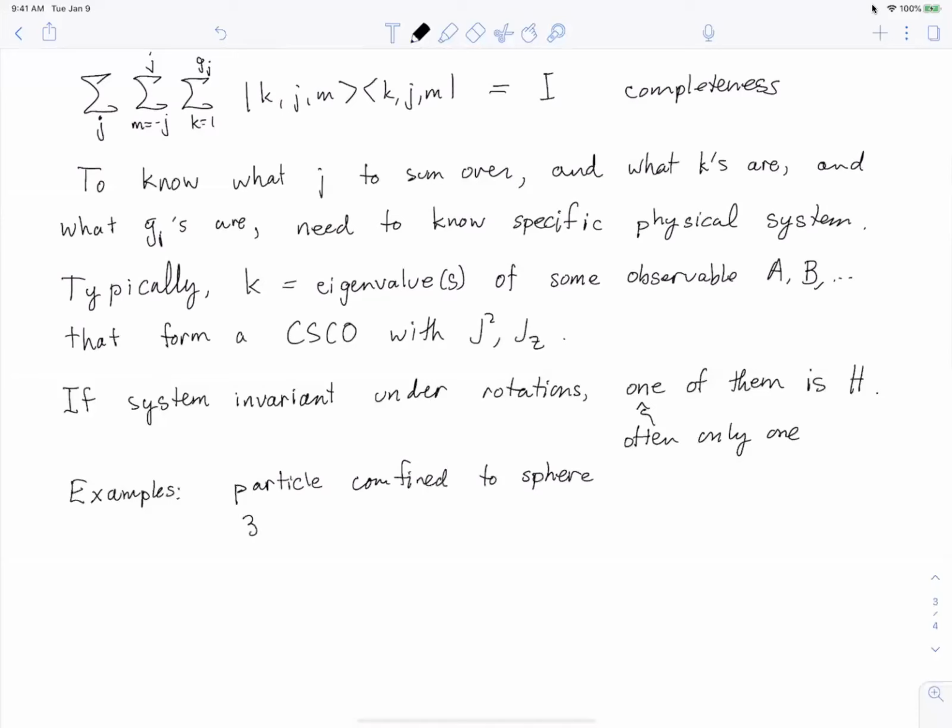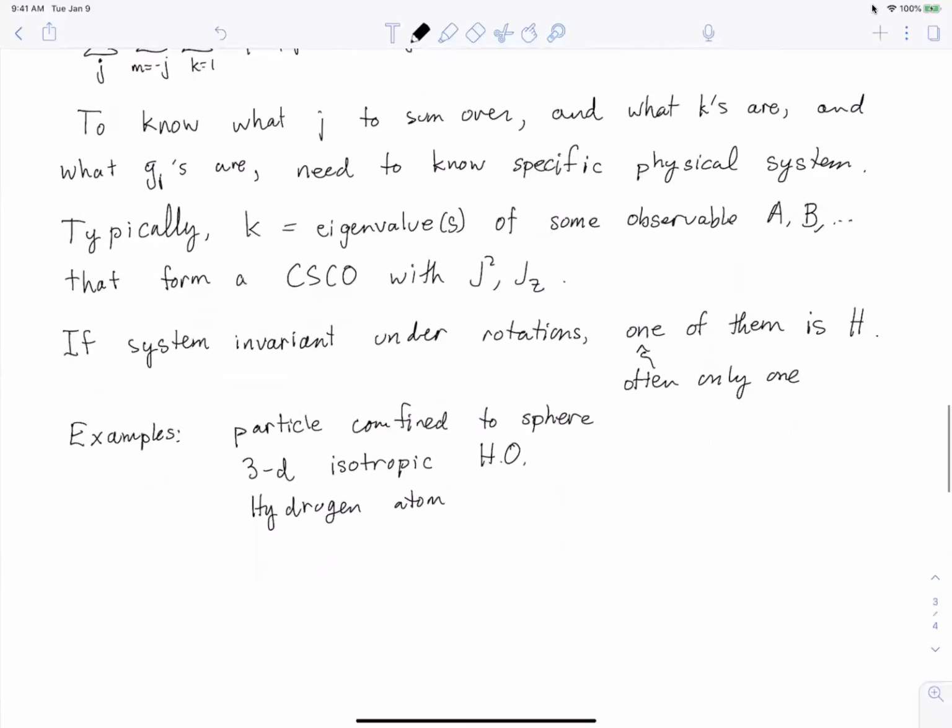We're going to return to the 3D isotropic harmonic oscillator. We're going to do the hydrogen atom. And we're going to do the free particle, which is a little bit non-trivial in this basis. It's much easier in rectangular coordinates, but it's a fun thing to do, and it'll be useful later.